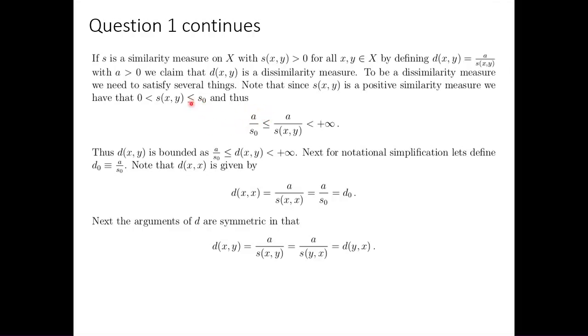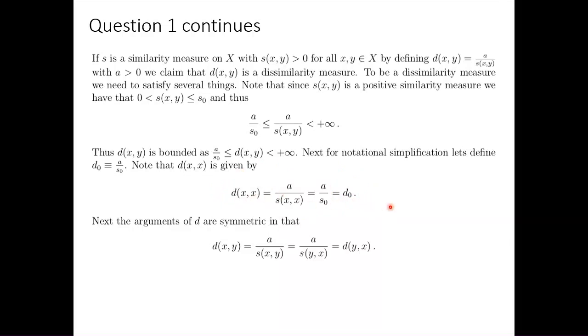So that means if I write it down, A over S0 is less than or equal to A over S(x,y), and that's less than infinity, right? So basically D is bounded. And if we define D0 as A over S0, that means D(x,x) will be A over S(x,x), so that's A over S0, and that's D0.